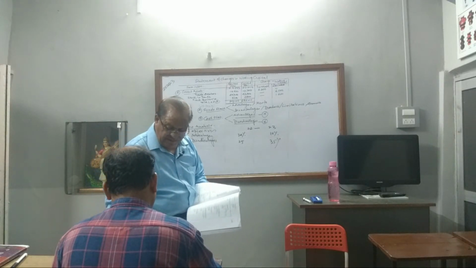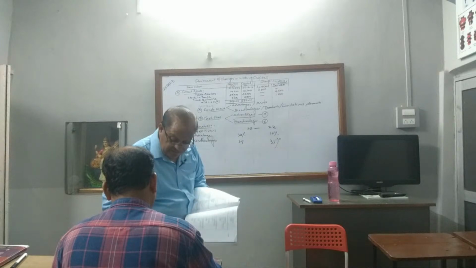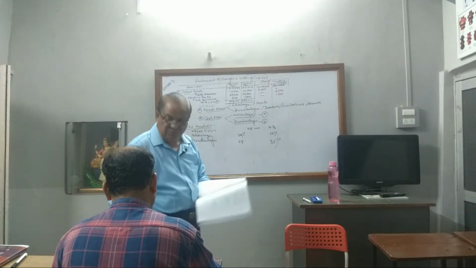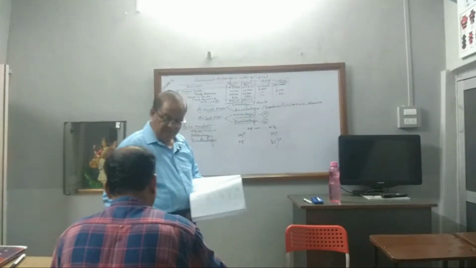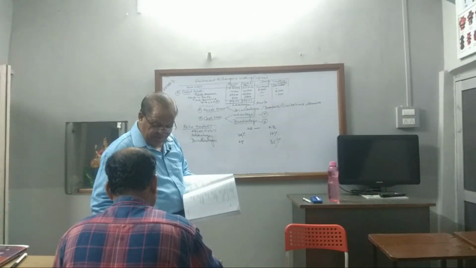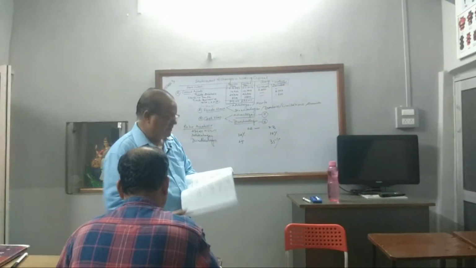So 10 lakh divided by 19 lakh, you will get 0.526 is to 1. Always divided, you will get it there.